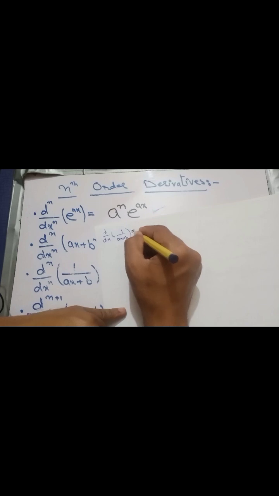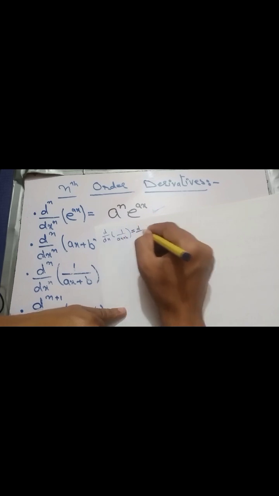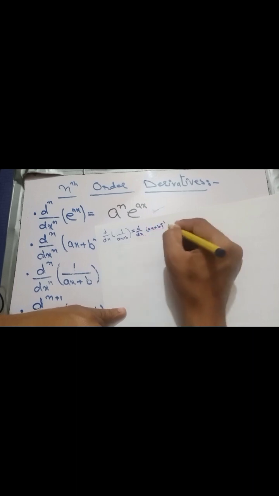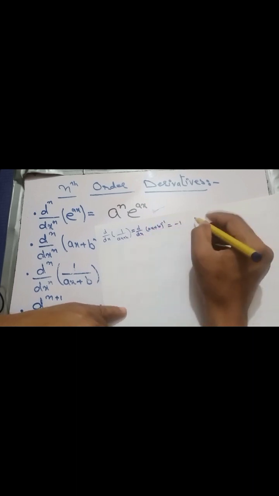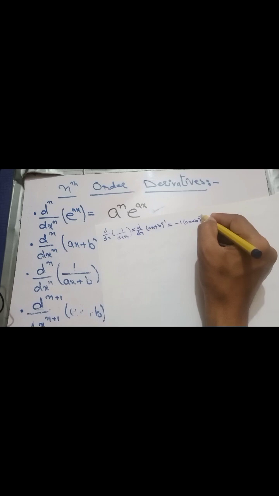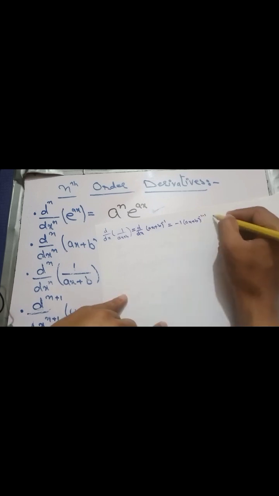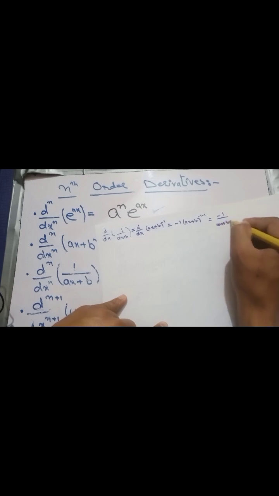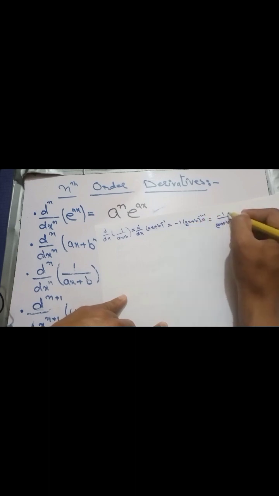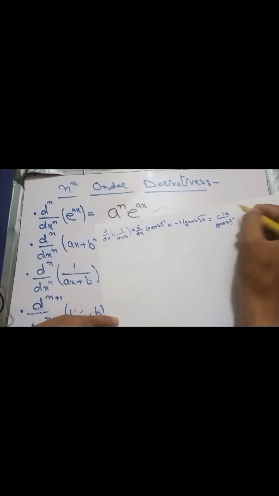For example, the derivative of this function is (ax plus b) power minus 1. We take minus 1 at the start, and ax plus b whole power minus 1 minus 1, minus 2. So the answer will be minus 1 over (ax plus b) power 2. Also the derivative of this inner function is a, so we take a here.